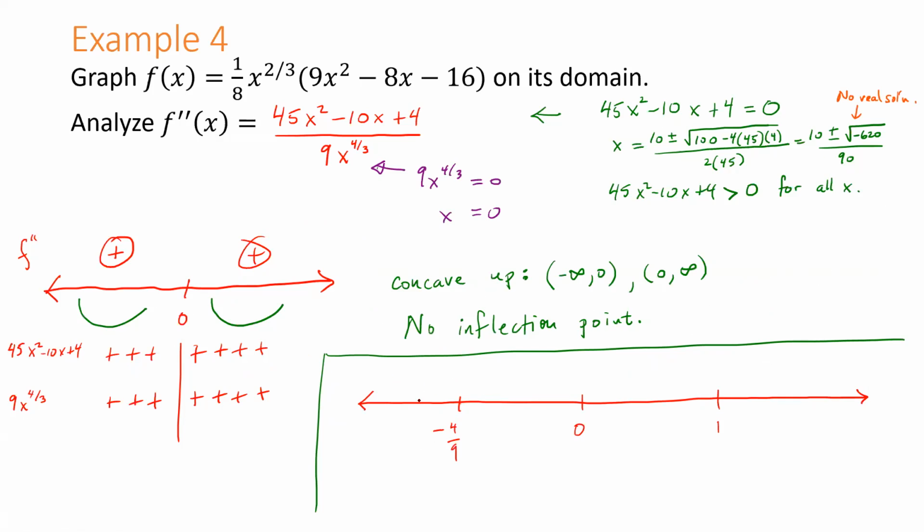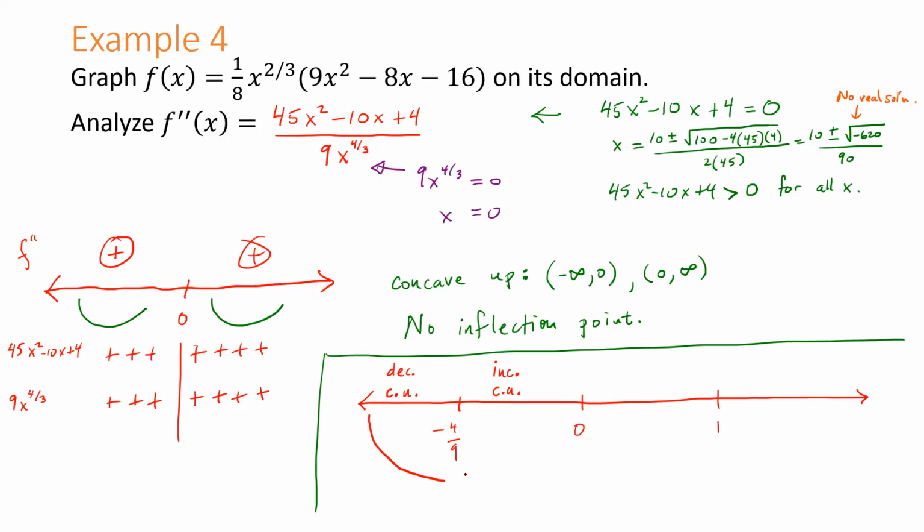So we see that on this side here, we showed before that it was decreasing, and we know it's always going to be concave up. So it's decreasing and concave up, so I think the shape of the graph will look something like that. Between -4/9 and 0, it'll be increasing now, and it'll stay concave up.